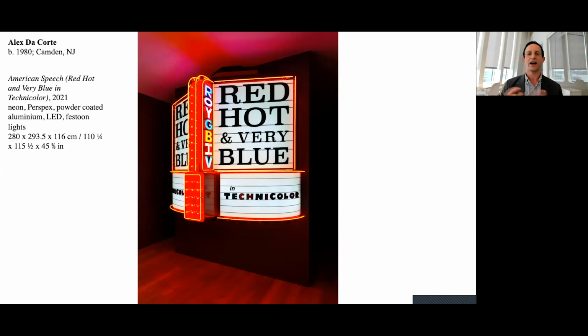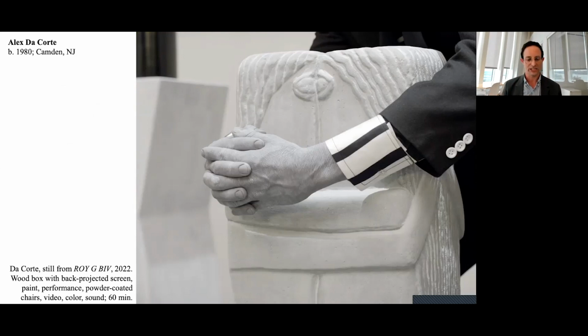But then also Red Hot and Very Blue, which is a title that comes directly from a photo of a film marquee showing a porn film in the 70s when porn films were called blue films, the Red Hot referring to the eroticism, and then in Technicolor, referring to Technicolor cinema or color cinema, which all has a bearing on what we see in the film Roygbiv.